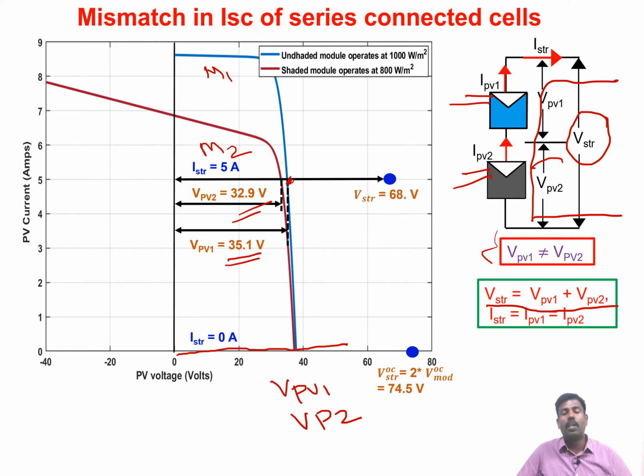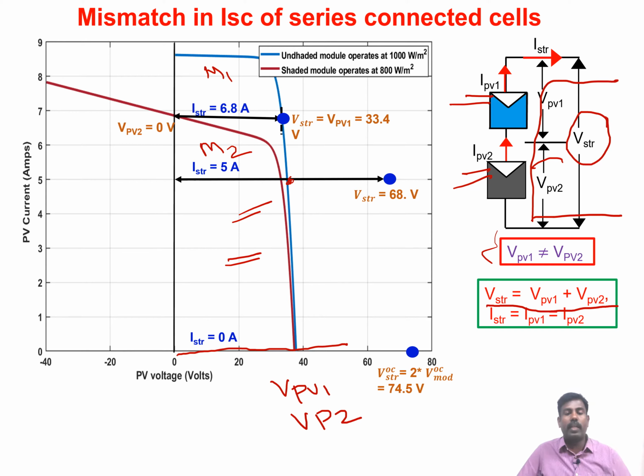We would be able to draw different plots. And so this is another case, which is a very important point. We can see here a particular point where it is equivalent to the ISC of the shaded modules. So when it is at ISC of the shaded modules, you can see that VPv2 is 0, whereas VPv1 was 33.4 volts.